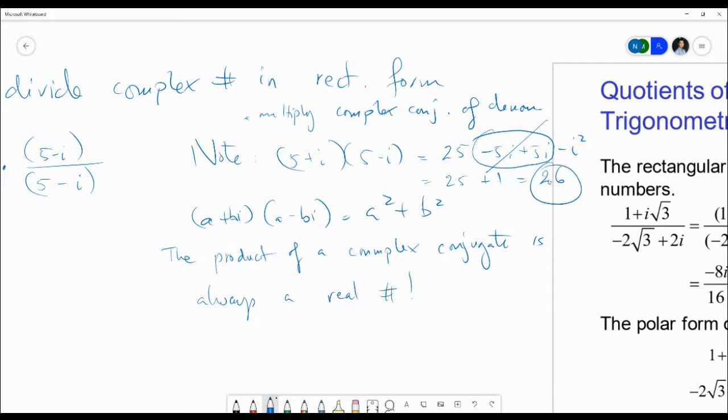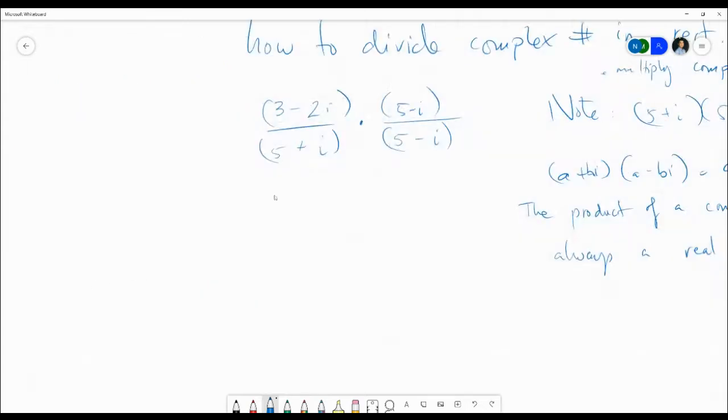We got rid of the imaginary part and we just have a real part, so that makes it a real number. When we multiply this in the numerator, we can FOIL, and in the denominator, we just have 26.